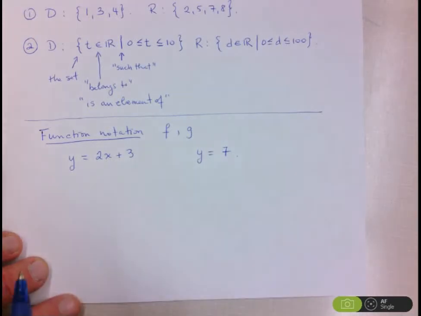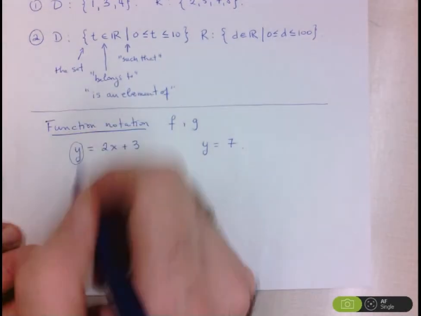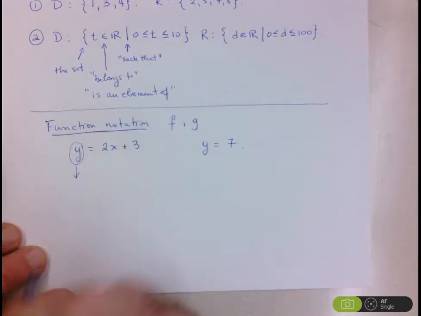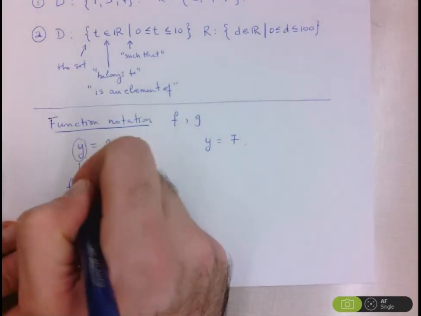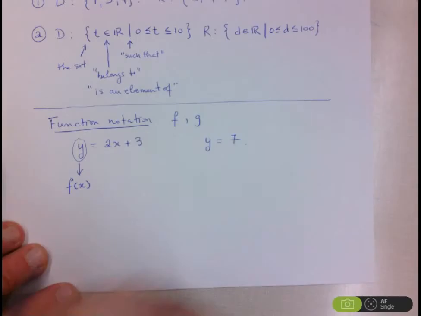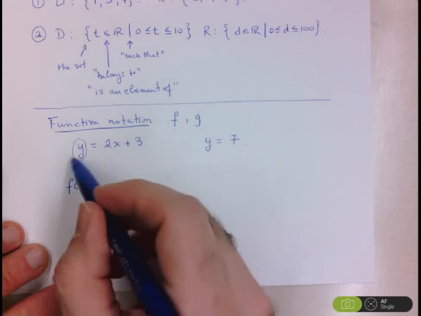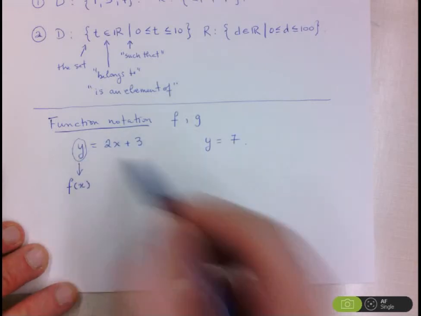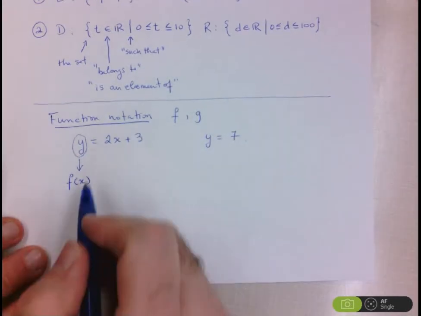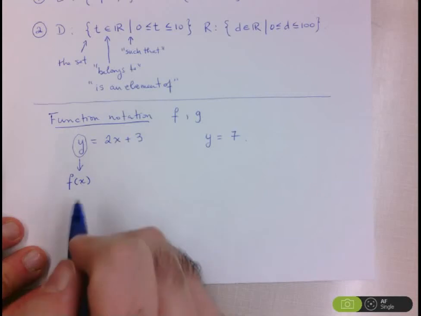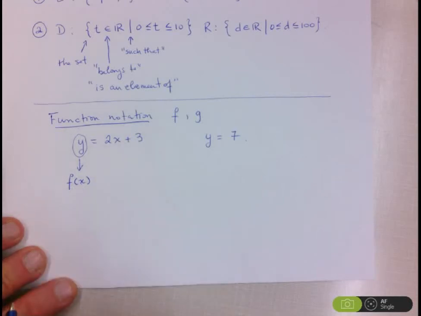If you take a quick look, you realize, when x is equal to 2, 2 times 2 is 4, plus 3 gives you 7. The way we use function notation is instead of writing y, we call this f at x. Okay, f representing the particular function that we're working with, and we're specifying that the input to this function will be an x value.